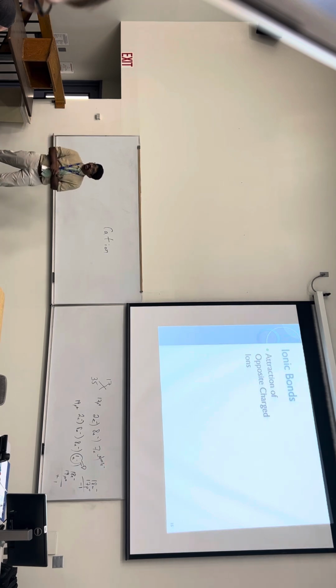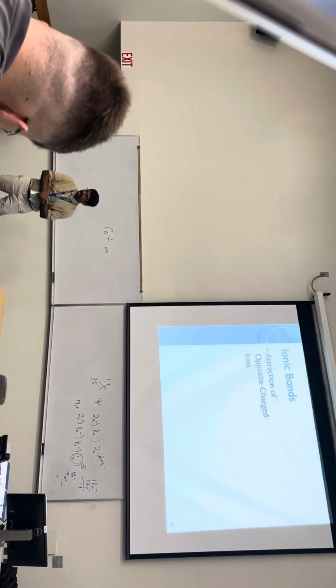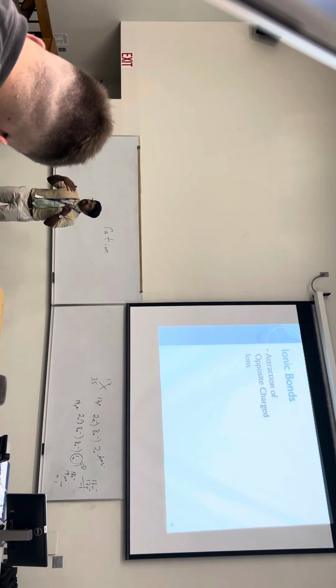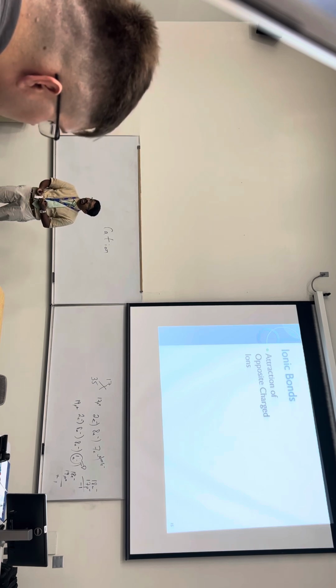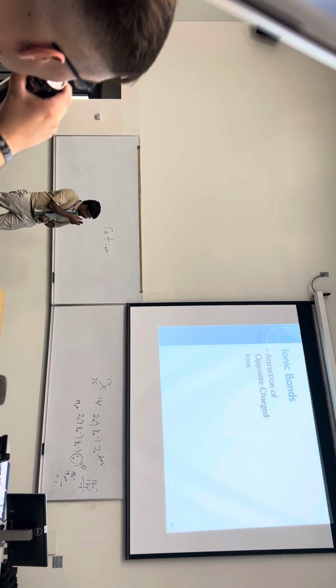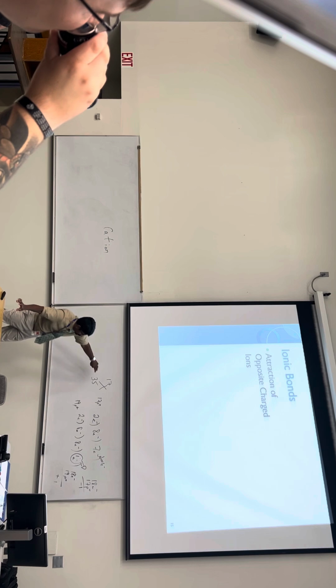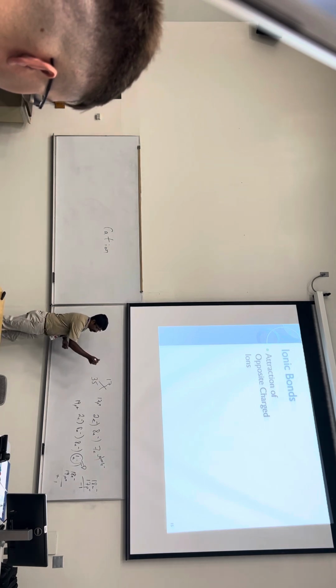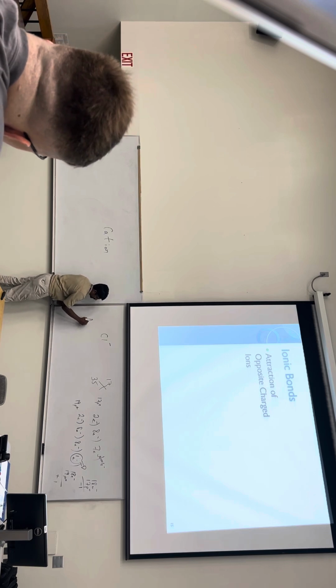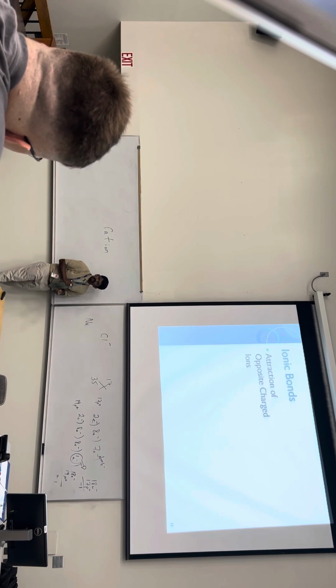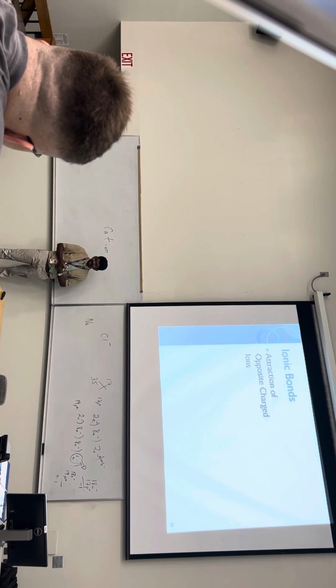Okay, so ionic bonds. Ions are charged. Ionic bonds are formed by the attraction of oppositely charged ions. Okay, I didn't draw it, but this is chlorine. So chlorine wants to become Cl minus. What does sodium want to do? Na plus, right?